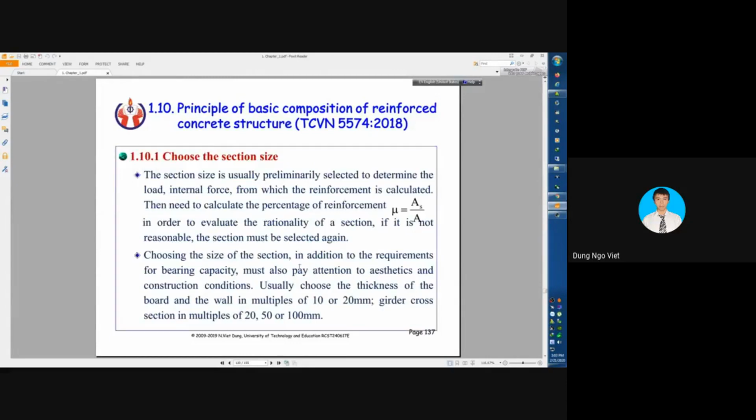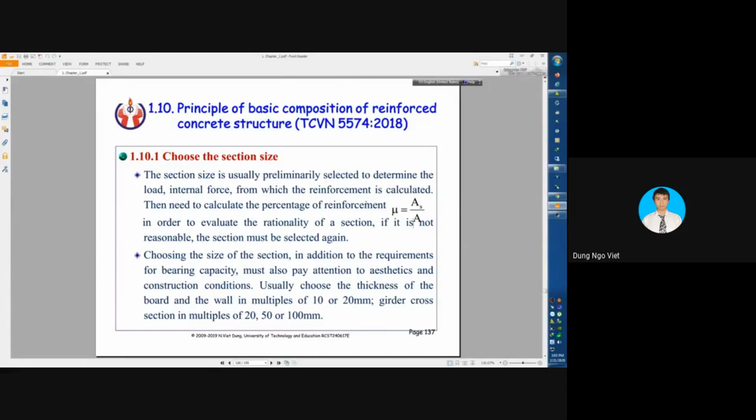The first one is choosing the section size. The section size is usually preliminarily selected to determine the load and internal force, from which the reinforcement is calculated. Then we need to calculate the percentage of reinforcement, or the content of reinforcement. μ is the content of the reinforcement, equal to As divided by A, where As is the reinforcement area and A is the total cross-section area.